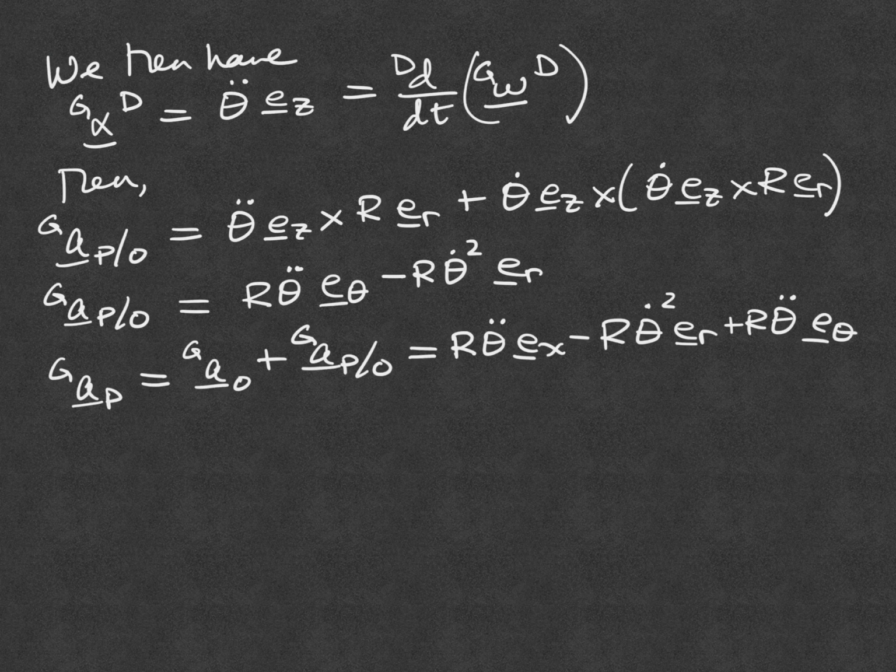And using that information together with the kinematics between point O and point P, which was the point on the edge of the disk, we were able to compute the velocity of P relative to O in G, and then the acceleration of P relative to O in G. And then we were able to add the velocity of O and the acceleration of O as viewed by an observer in G to finally get the velocity of P in G and the acceleration of P in G.